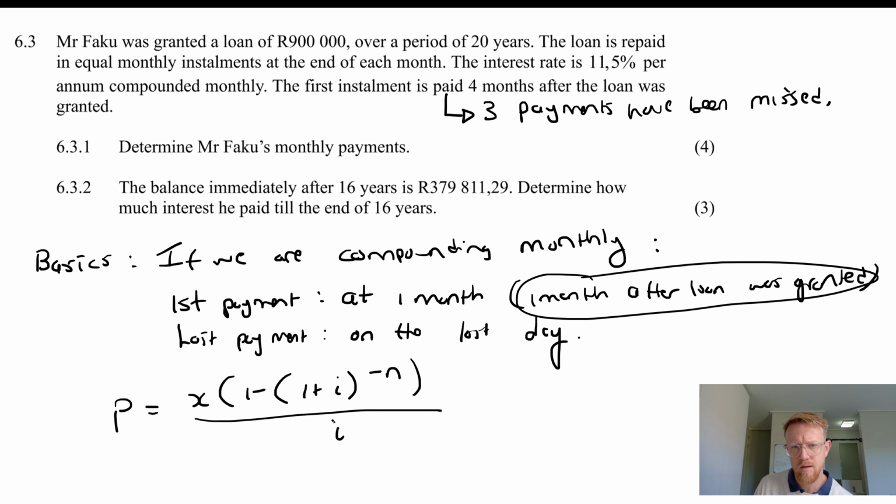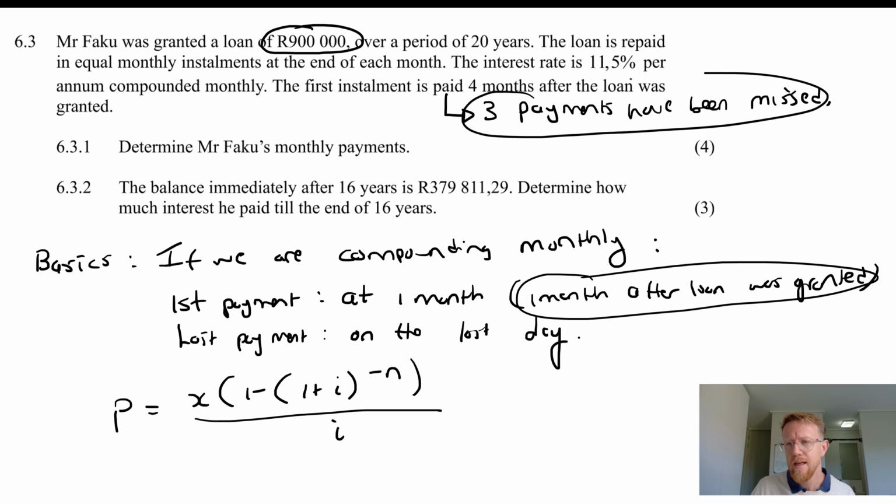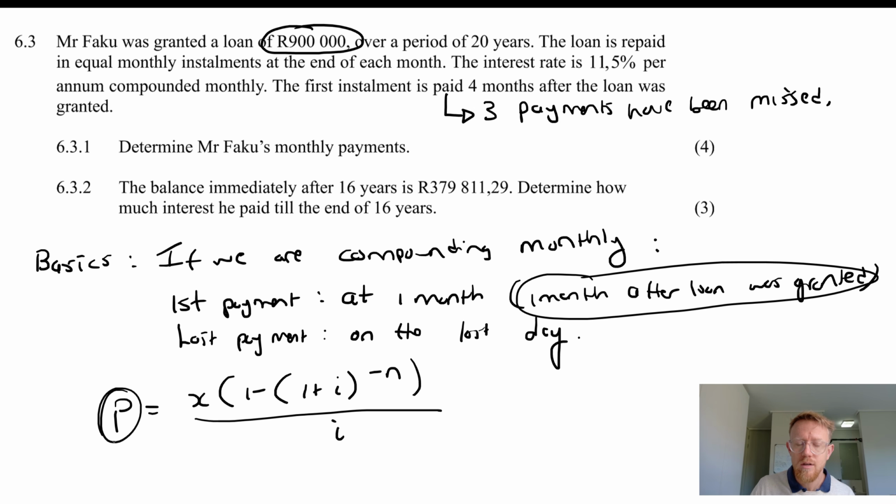Okay. A lot of you are going to say, oh, okay, so the loan amount is 900,000, so I'm just going to put that over there. But that's not correct. What we need to understand about loans is that when you take out the loan, if you don't start when you are supposed to, which is after the 1 month, if we are compounding monthly, and you miss 3 payments, then the loan is going to become larger by the same amount of months that you've missed.